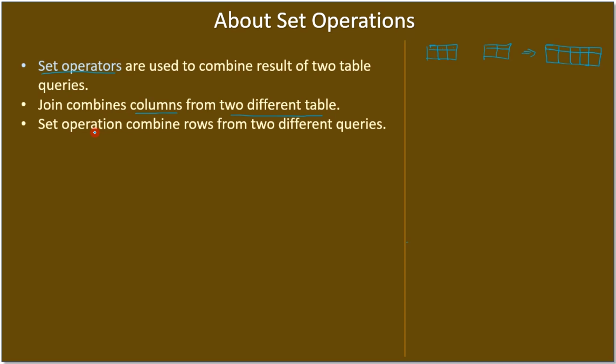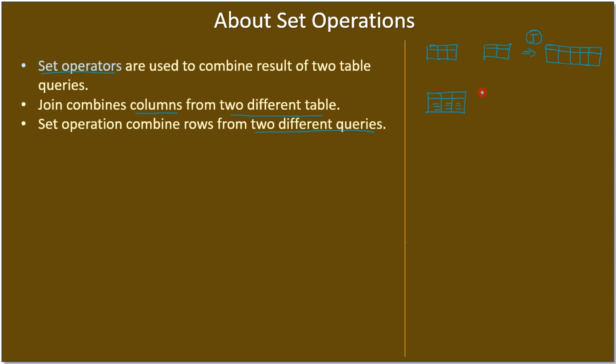With the set operation, you can combine rows from two different queries. It can be from the same table or different tables. So this is join. Let's say this is one table which contains three columns and three rows.